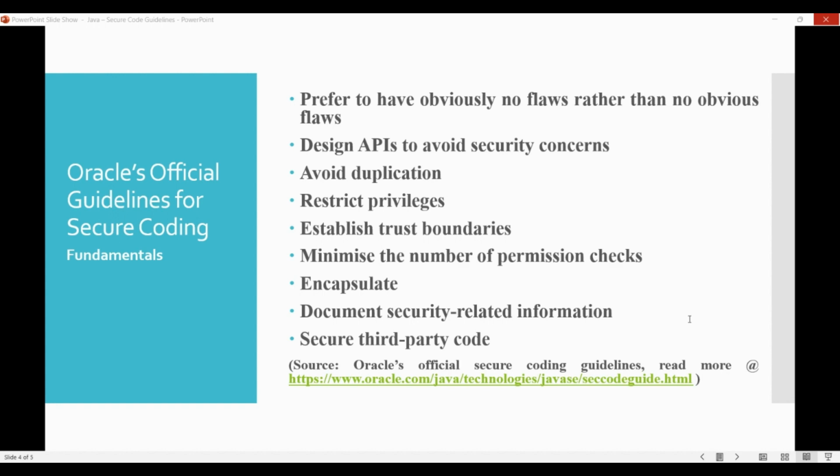The next guideline is establish trust boundaries. In order to ensure that a system is protected, it is necessary to establish trust boundaries. Data that crosses these boundaries should be sanitized and validated before use. Next, we have minimize the number of permission checks.